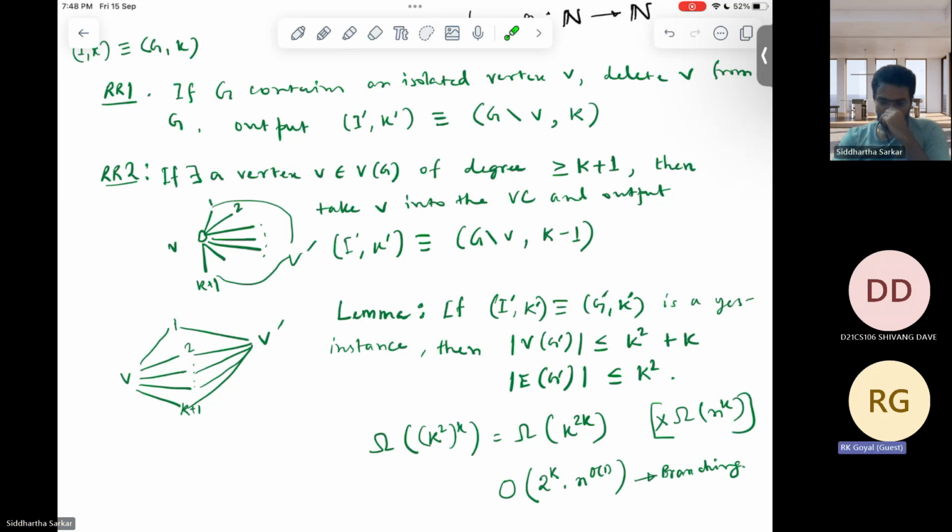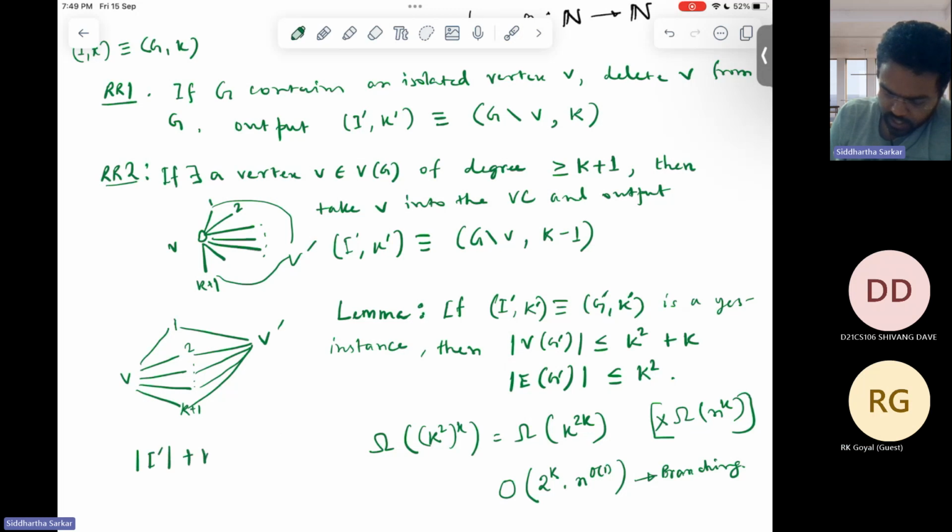What is the size of the kernel? What is the meaning of the size of the kernel? Is this the size of the kernel, or is this the cardinality of the vertices and the edges? If you go by the generic definition, the size of the kernel would be I dash plus k dash.